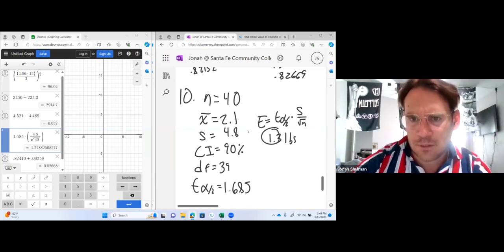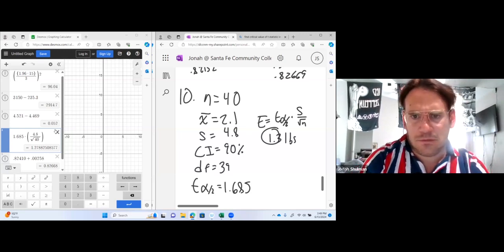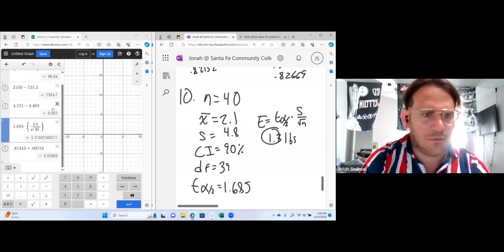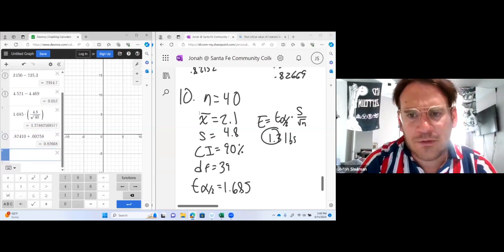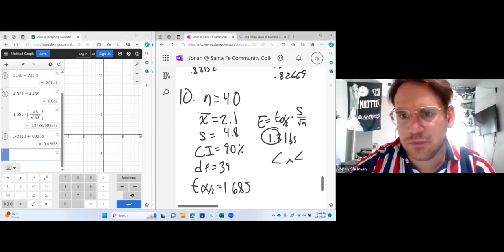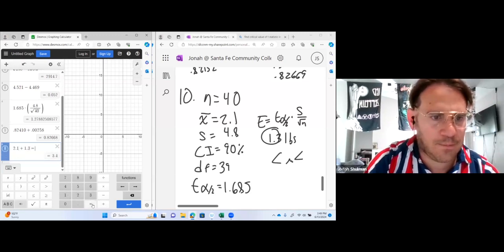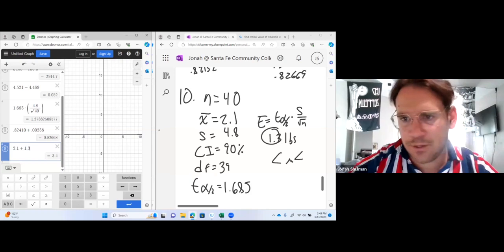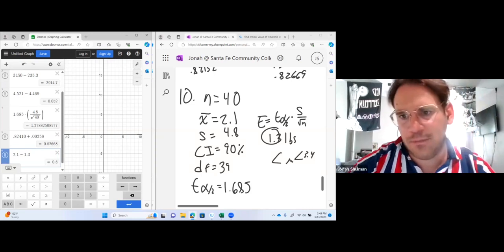What does that mean? This means that we're 90% sure you're going to lose between 2.1 plus 1.3, so 3.4, and 0.8 pounds.